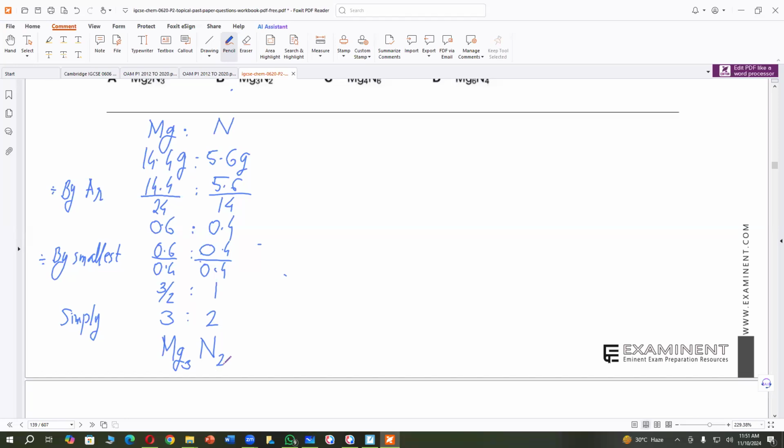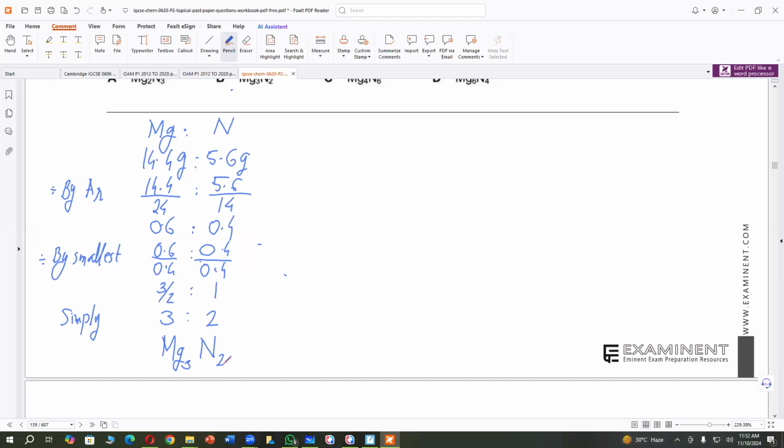How is it 3 ratio 2? Because when you simplify 1.5 is to 1, you multiply it by 2 or 3, whatever you get. Actually, it is 3 upon 2 is to 1, na? So when you simplify 3 upon 2 upon 1, it becomes 3 upon 2. But 0.6 divided by 0.4 is 1.5.